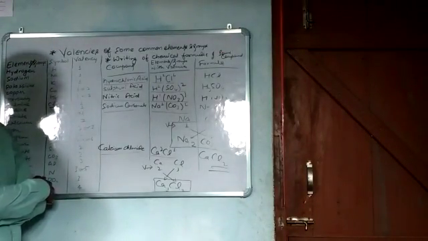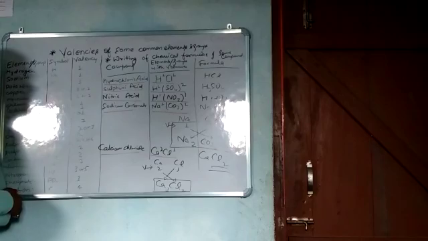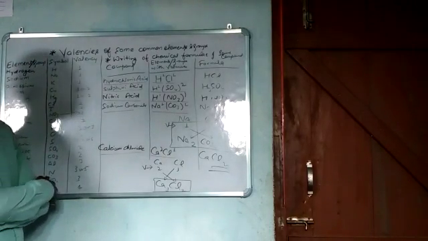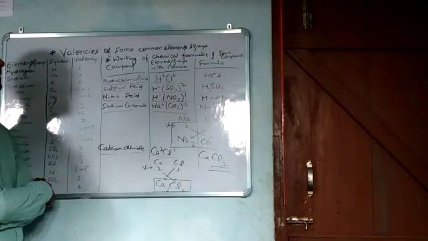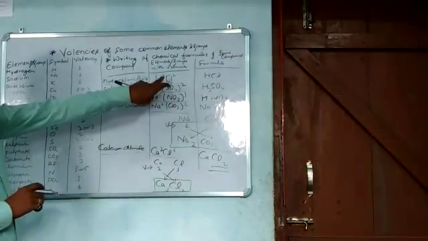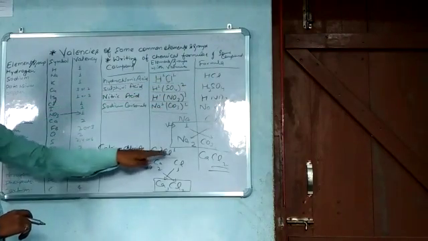Okay, so now we just interchange their valencies to write the formula. So right now what I said, one atom, one atom, one atom, two atom, two atom, one atom, two atom, one atom.